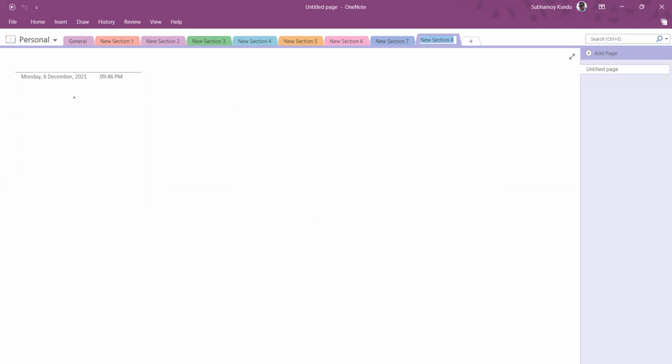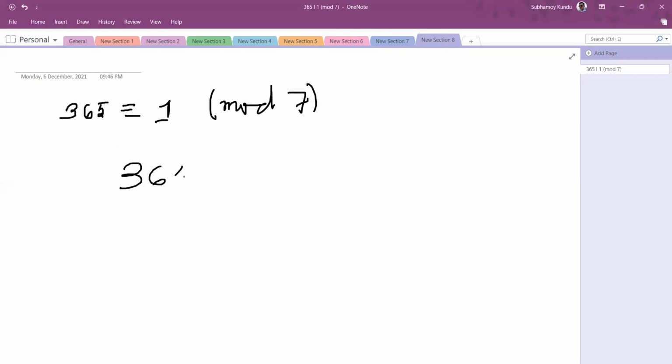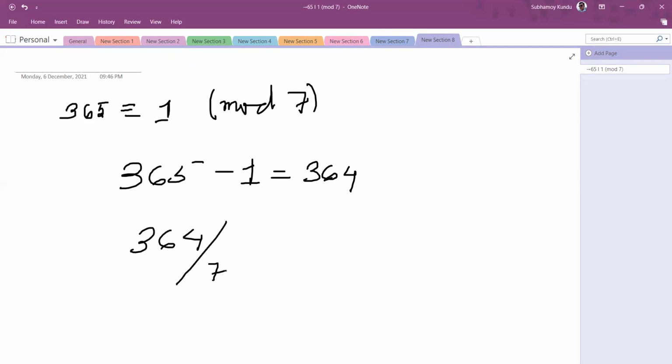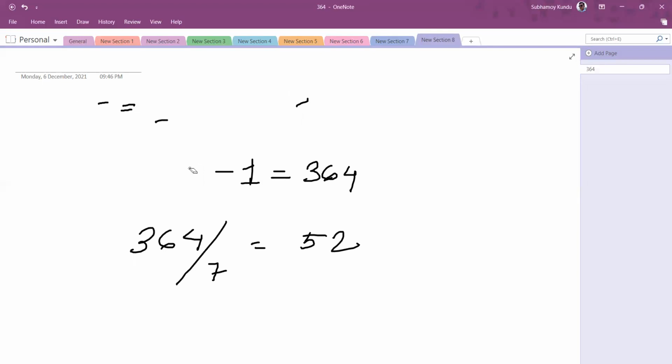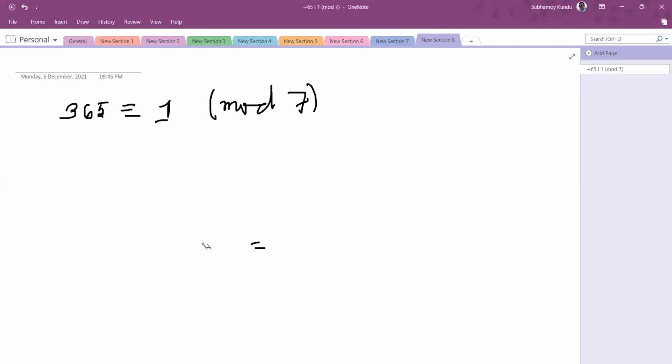Now, as we all know, 365 is congruent to 1 mod 7, because 365 minus 1 is 364, and 364 is divisible by 7, always 52. So 365 and 1 are congruent modulo 7.